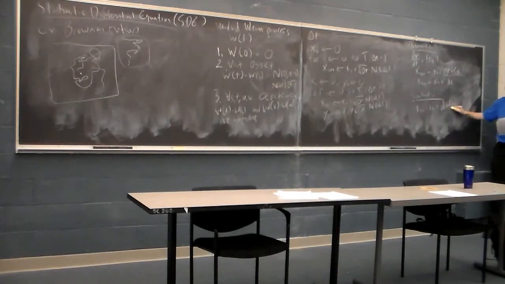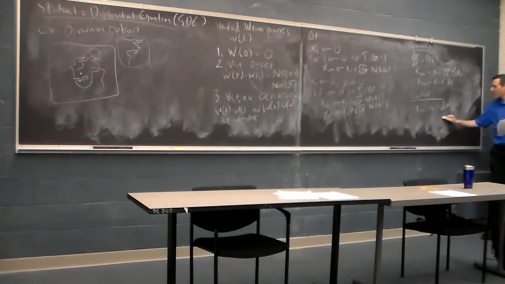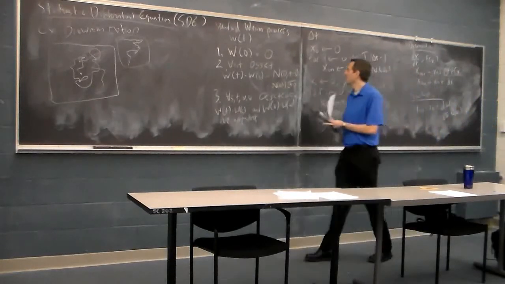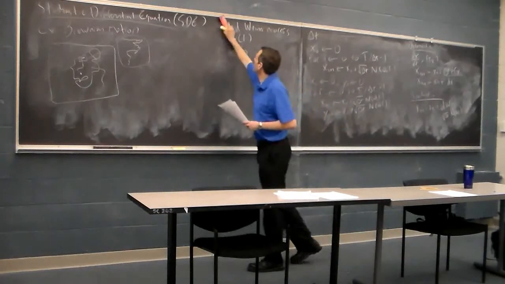And once we recognize that, we have this dw term, which in this case is going to be represented by this square root of delta t times this normal 0, 1 random variable. We can recognize that what we're doing here is very analogous in the deterministic and the stochastic case. And a lot of the theory we use in the deterministic case, we can actually generalize to apply to the stochastic case.